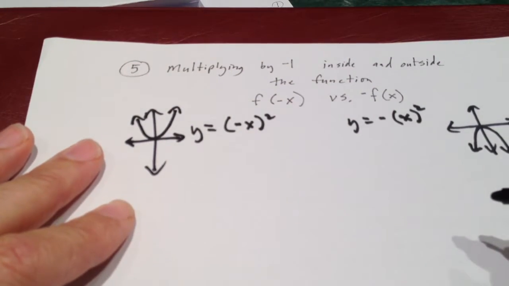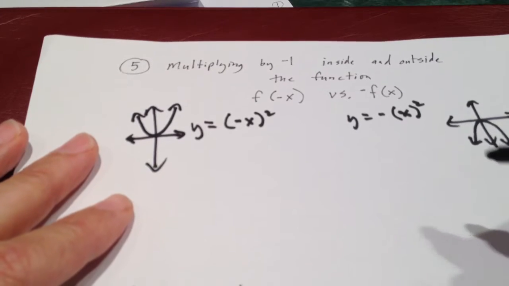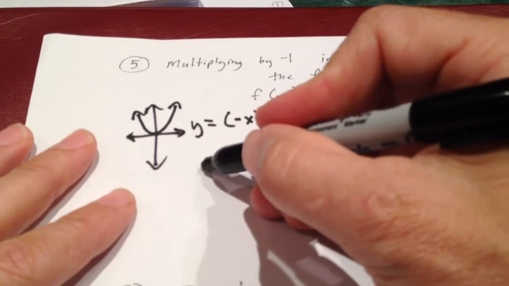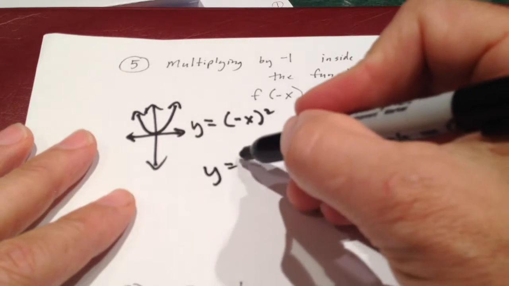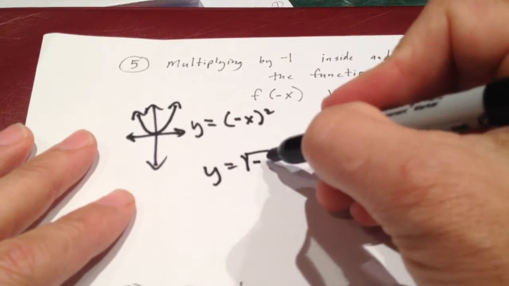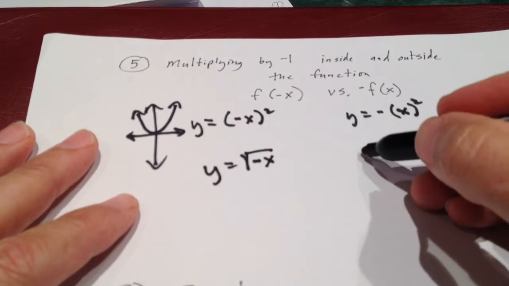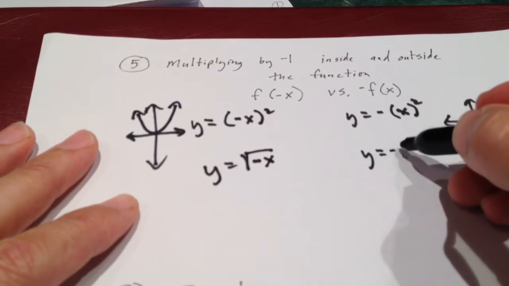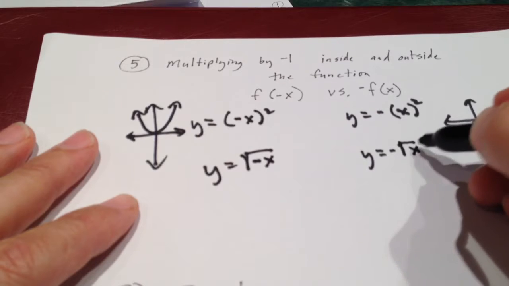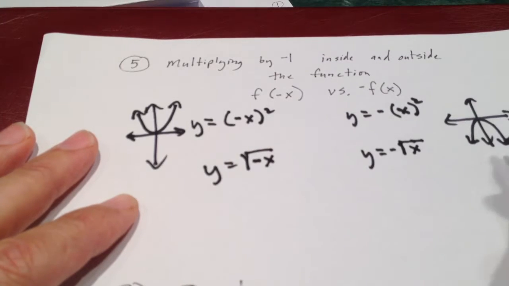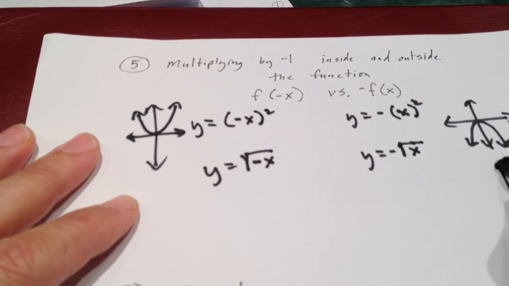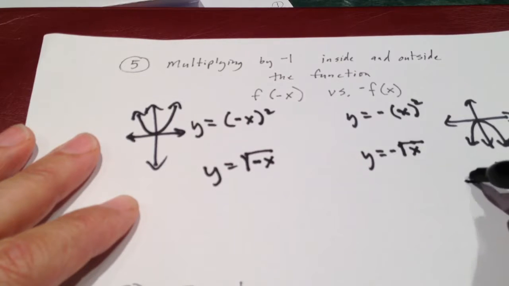So let's look at k of x. Let's look at the square root function. So if I do y equals the square root of -x on the inside versus y equals -square root of x on the outside, well this does exactly what I'd expect it to do. It flips it upside down.